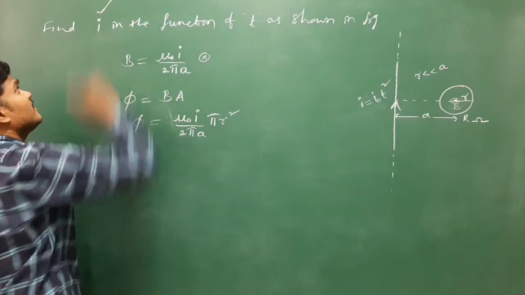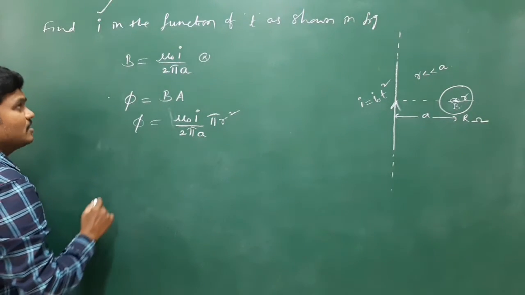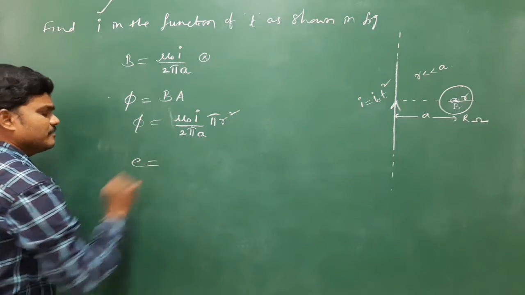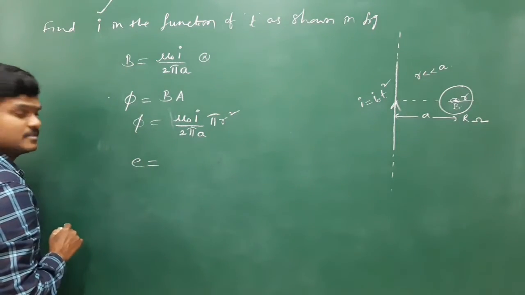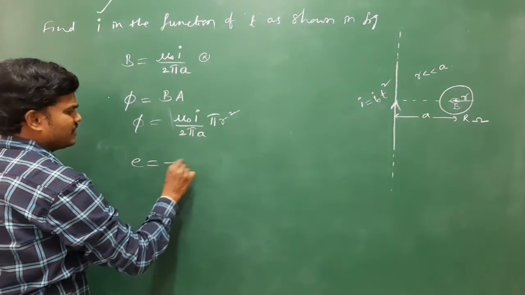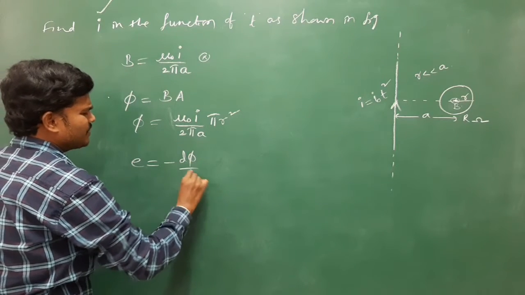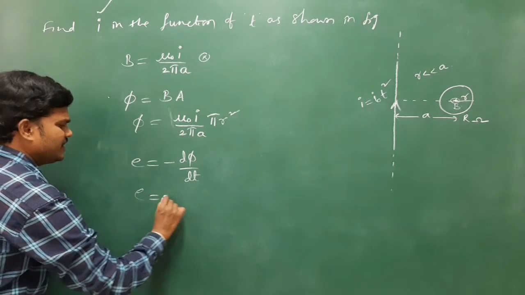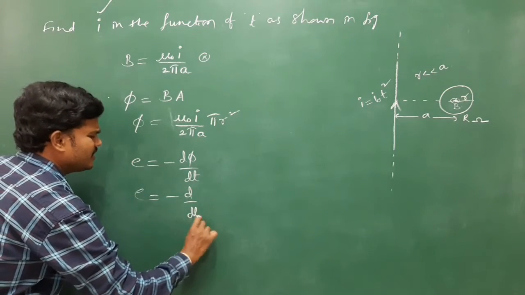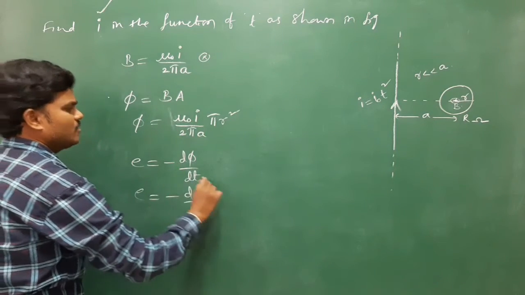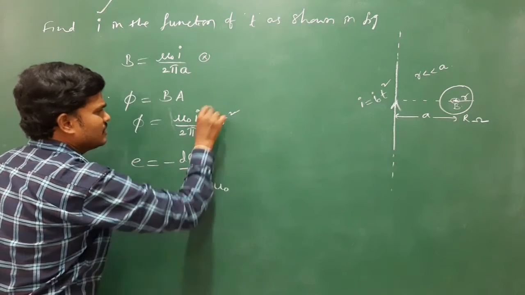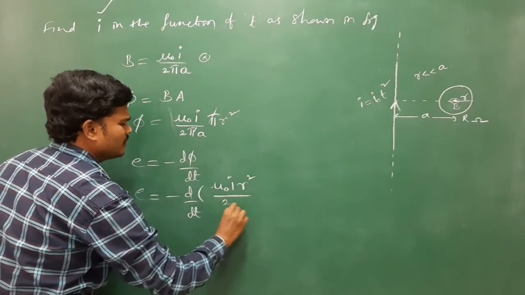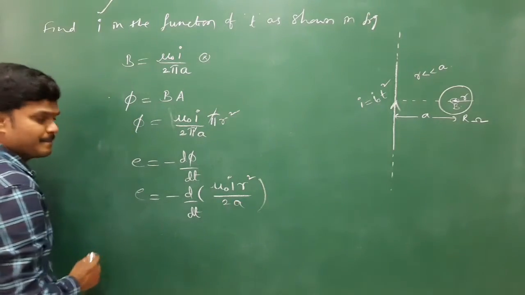But we have to find I. To find I, we know I is equal to E by R. So I am going to find EMF. EMF is equal to d phi by dt, so EMF is d by dt of phi. What is phi? Mu naught I r square by 2a.